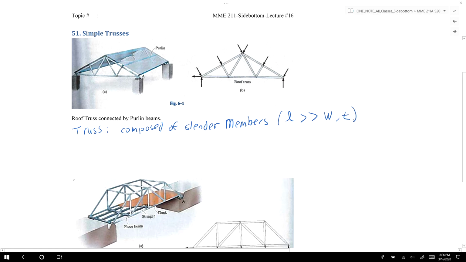The benefit of using a truss is that a truss is very strong for its weight. It maximizes strength to weight, and reduced weight also lowers cost.